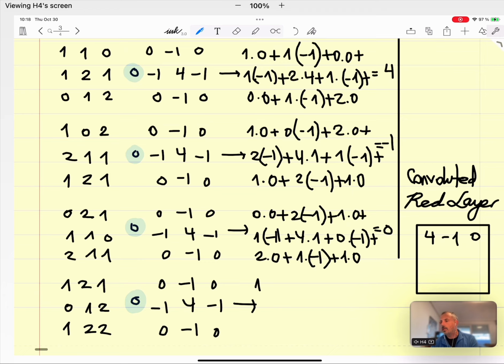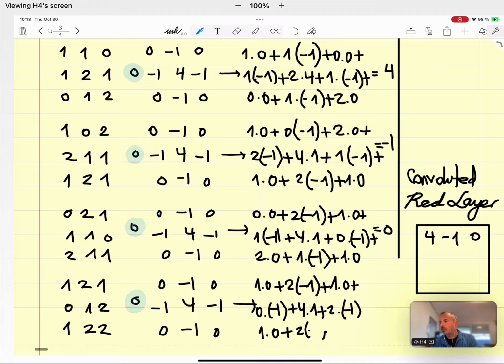Then it's 1 times 0 plus 2 times -1 plus 1 times 0 plus 0 times -1 plus 4 times 1 plus 2 times -1 plus 1 times 0 plus 2 times -1 plus 2 times 0.